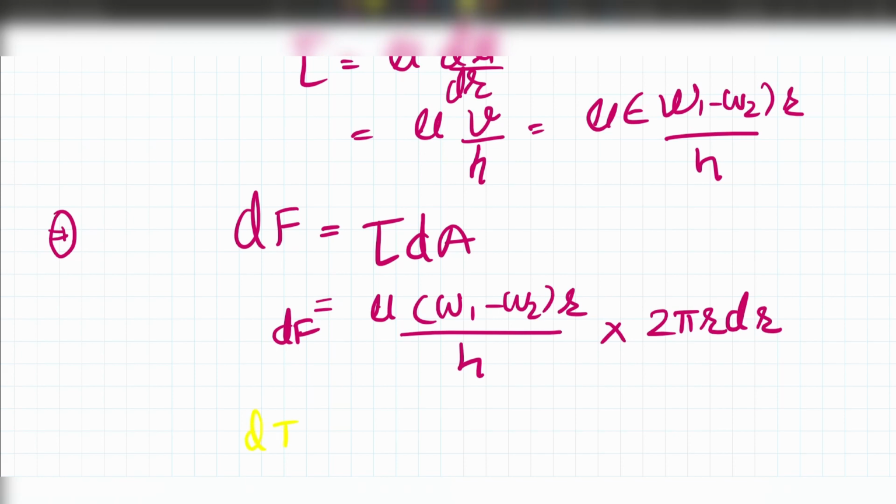Now we will find the torque. So dT is equal to dF multiplied by r.